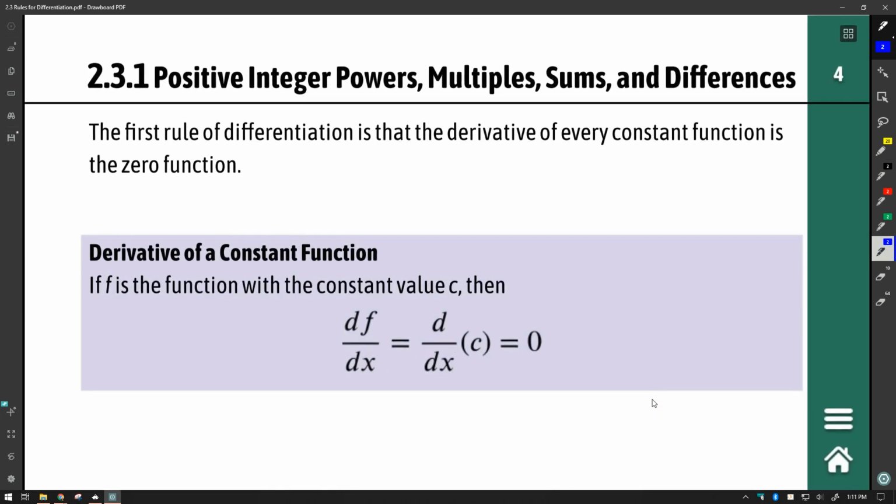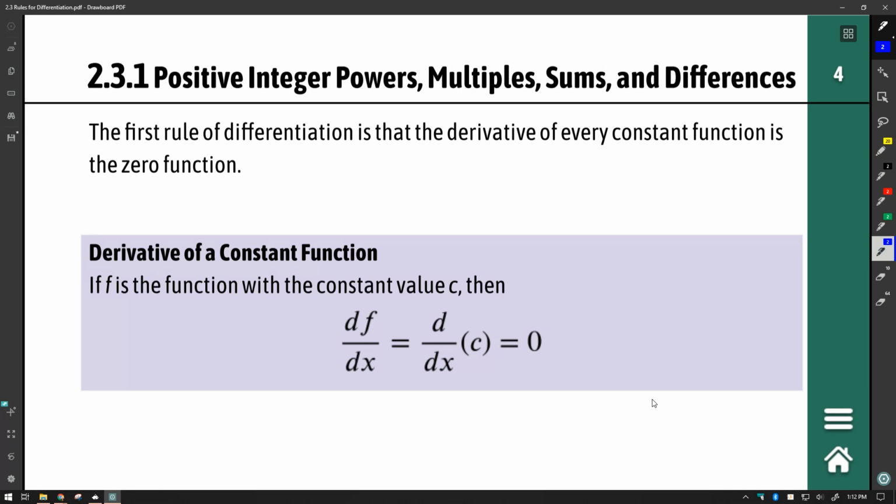The first rule of differentiation is that the derivative of every constant function is the zero function. And here's the rule highlighted in violet. If f is a function with the constant value c, then df/dx, or the derivative with respect to x of that constant function, is zero all the time.